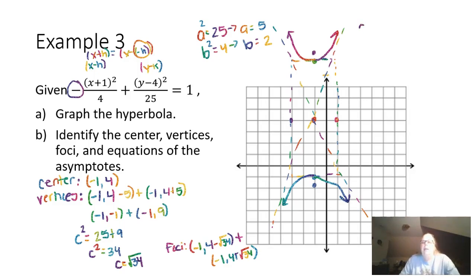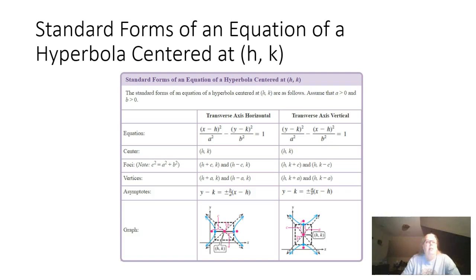Now for the asymptotes. These are going to look a little bit different because this time we're going to have a y-intercept. Our transverse axis is vertical, and so our asymptotes are going to be y minus k, which is the y-coordinate of the center, equals plus or minus a divided by b, times x minus h.